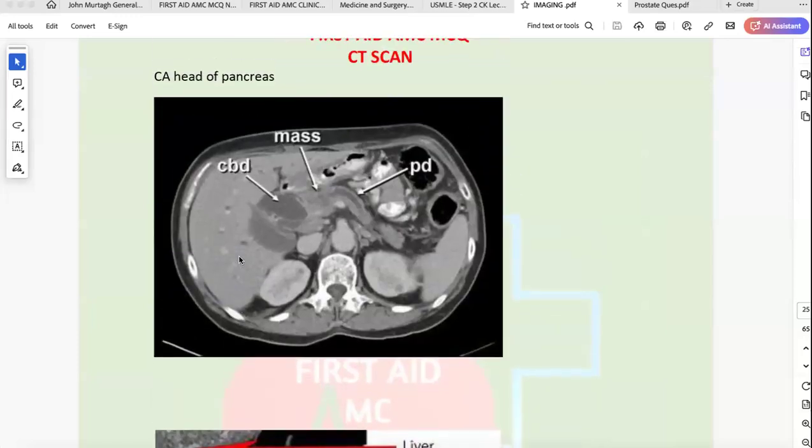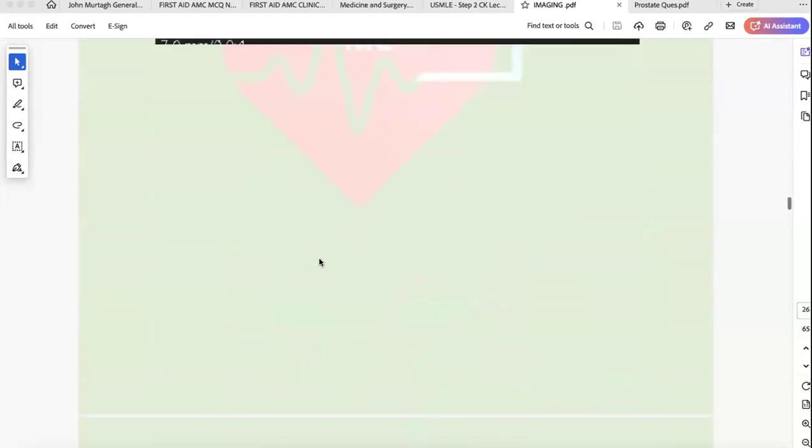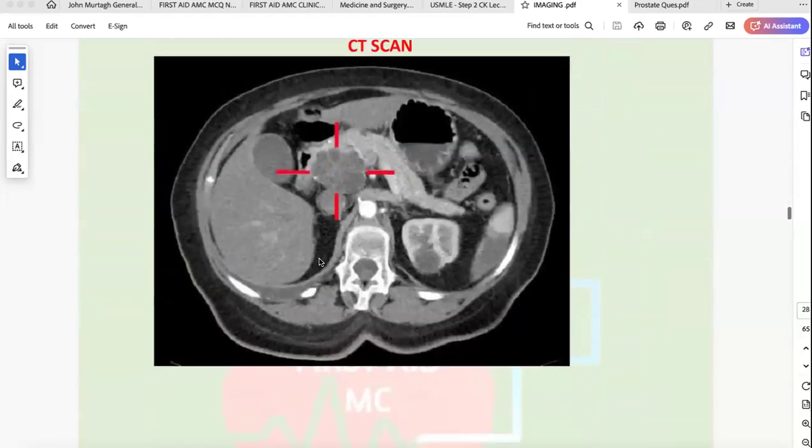Moving on to CA pancreas. CA pancreas, again, it is difficult. So if they are giving you a CT scan of CA pancreas, they would give you something which is easily visible. So it will be like this. If you look over here, you can easily find out where the problem is. You can see here that it's the liver.